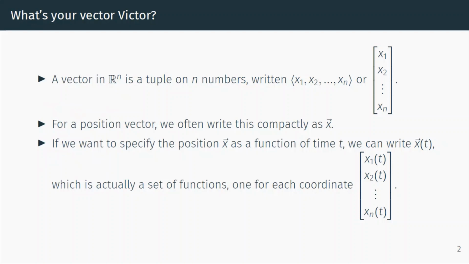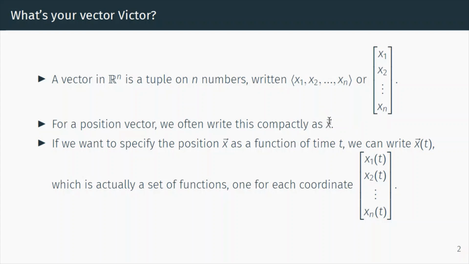So to begin with, we need a little bit of background on what vectors are. A vector in Rn is just n numbers written x1 through xn with the angle brackets, or you can write it vertically as a vector. Each one of these you can think of as the positions in the coordinates, and sometimes as a vector notation we'll just write it as x.